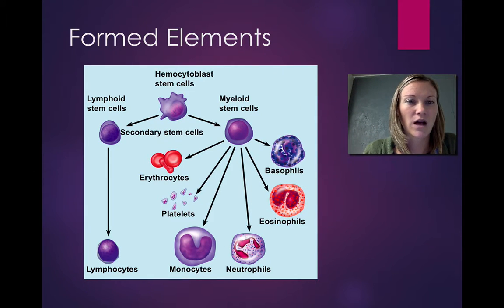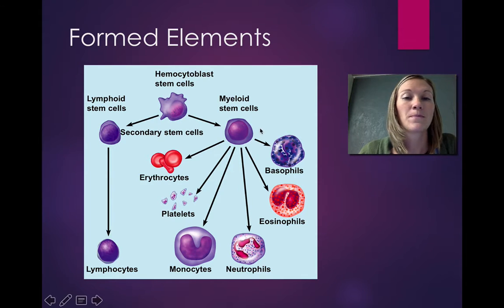Here is an example of how the formed elements develop. It's sort of like stem cells, even though they're not true embryonic stem cells. They are stem cells because they're able to differentiate, just not as much as an embryonic stem cell. So basically you start with the hemocytoblast, which is the stem cell of the blood, and the hemocytoblasts will differentiate into either lymphoid stem cells or myeloid stem cells.